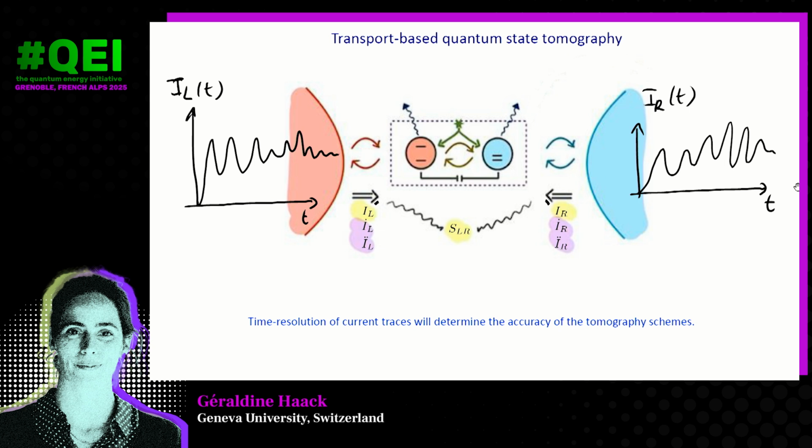So you take this current trace, and if you want the derivative of the current at a certain time t, then you take a small delta t around it to compute the derivative, and this is enough. But that's why it depends on the time resolution of your current measurements. But then is it the average current or the stochastic one? It's the average current. Here, everything was done in the framework of average master equations.